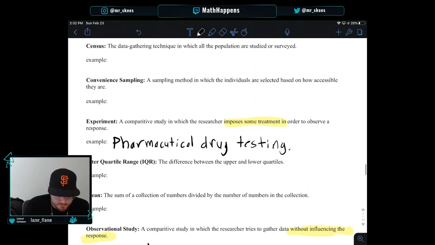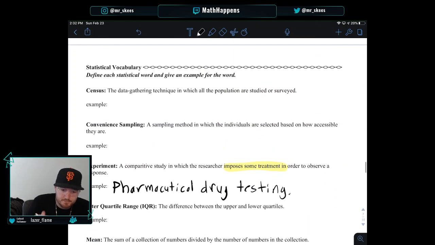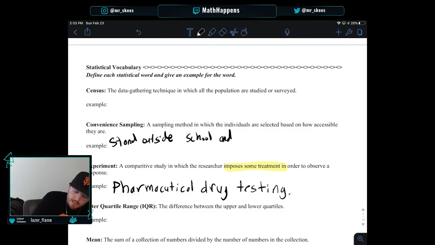What are my other two? Convenience sampling. It would be very convenient for me to stand outside the school and ask students to take a survey.